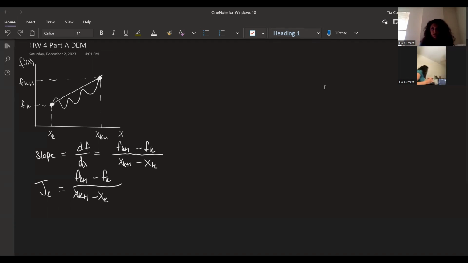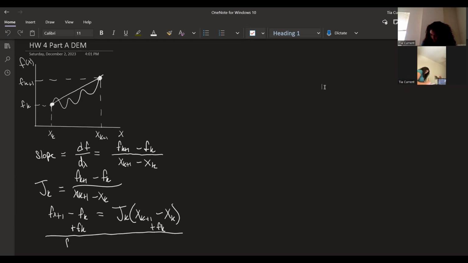Okay, so next with this formula, we're going to move things around to get f k plus 1 by itself. We're going to multiply x k plus 1 minus x k onto the J k, so you have f k plus 1 minus f k equal to J k times x k plus 1 minus x k. Then you just add f k to the other side and you will get f k.